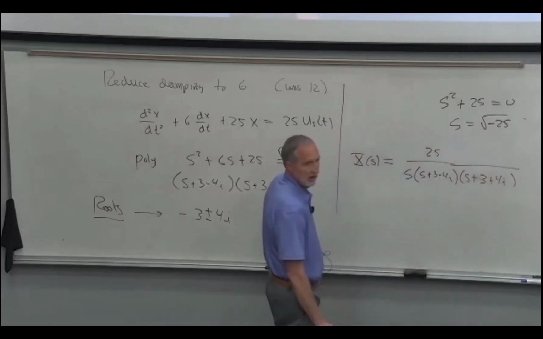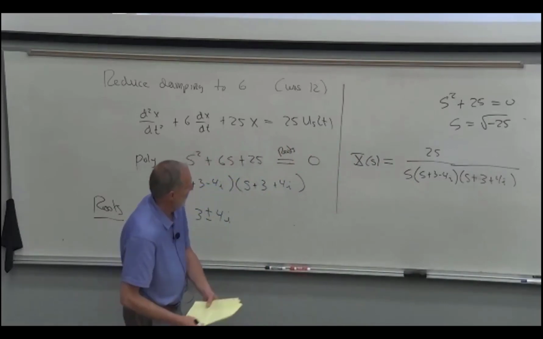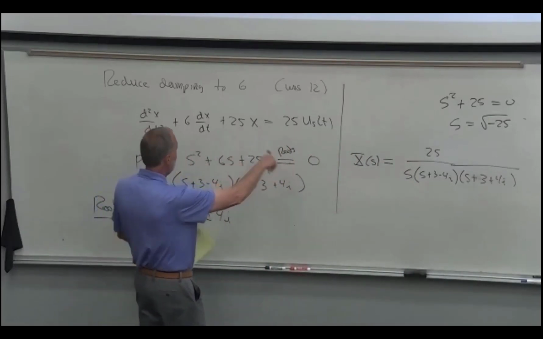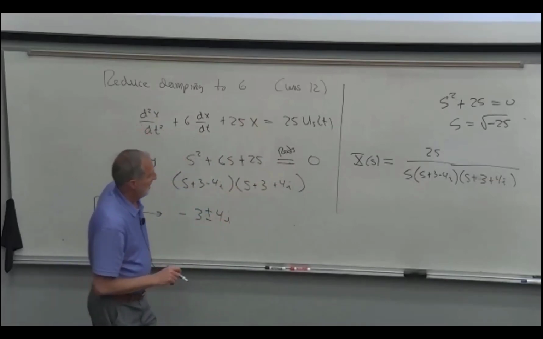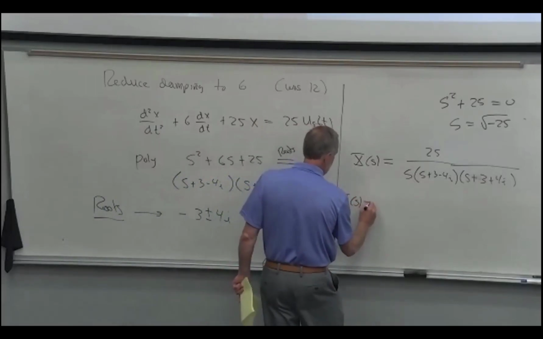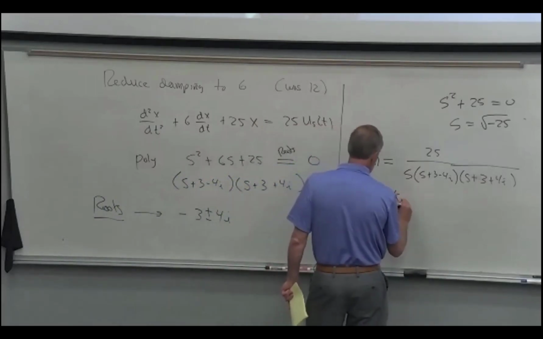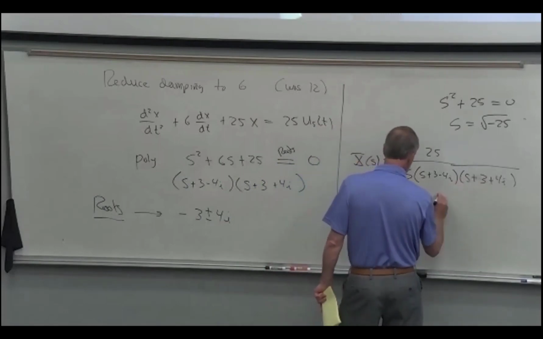And then that's what we split up into the partial fraction expansion. See what we did? These are the roots of that polynomial that was in the denominator of the transfer function. And so we split this up into, and we're not going to get the same numerators because we got a different thing in the denominator.